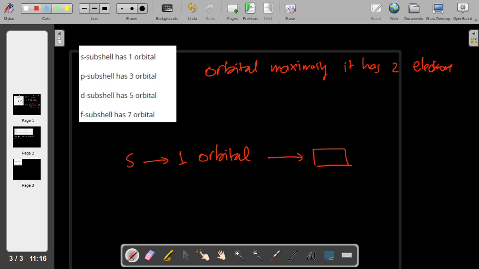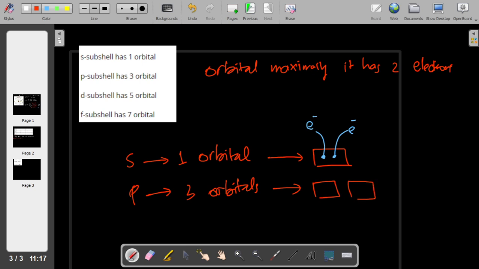For the p subshell, which consists of 3 orbitals, there are 3 rooms, and in every orbital there are 2 electrons maximally.